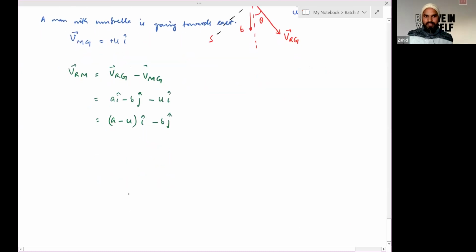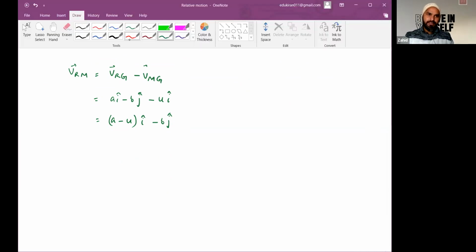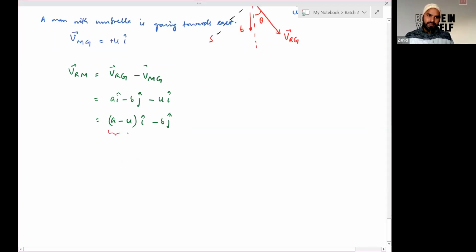Now in this part, we have two terms. One is along the x-axis and the other is along the y-axis. This is the x component and this is the y component. If you want to calculate theta, tan theta equals perpendicular over base.